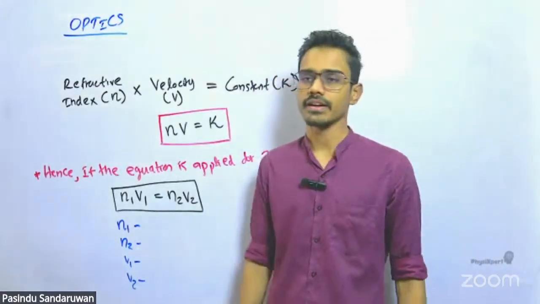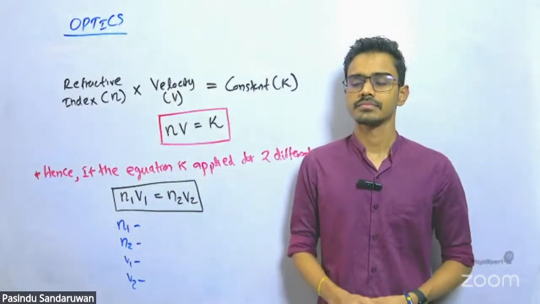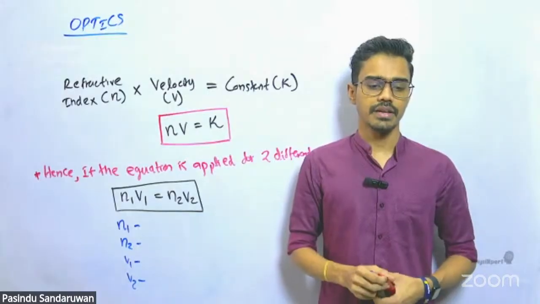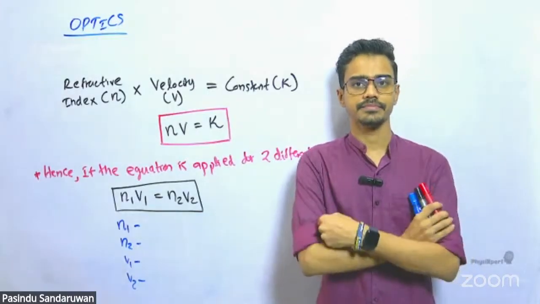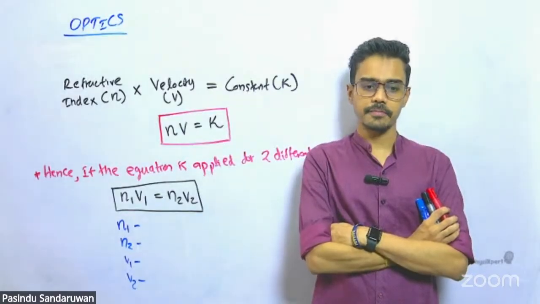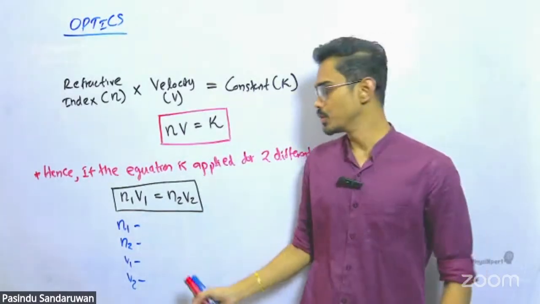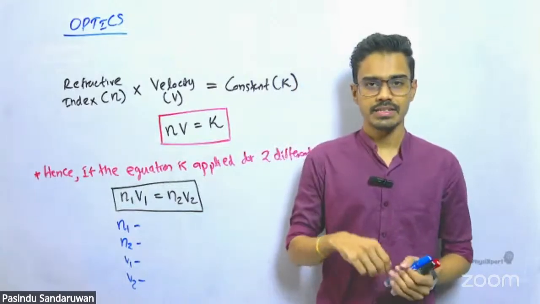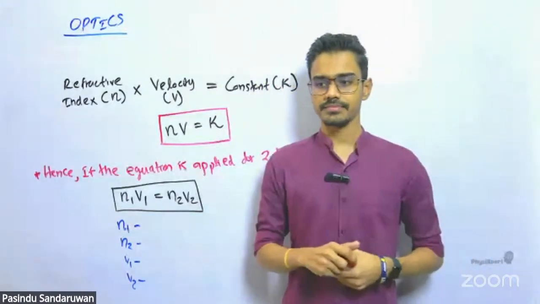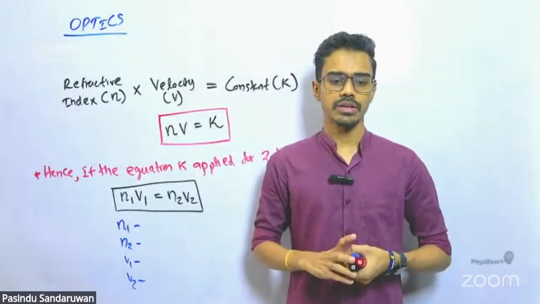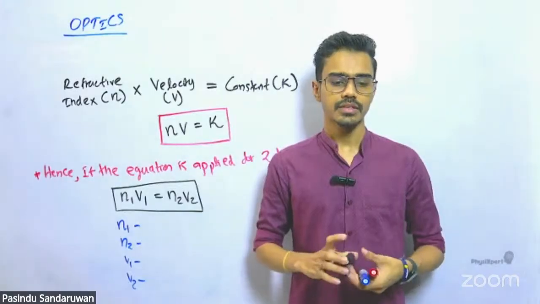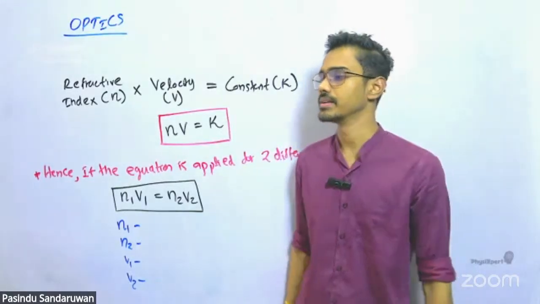V1, velocity at first medium. V2, velocity at second medium.